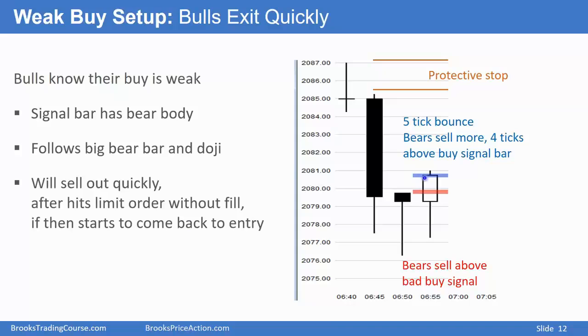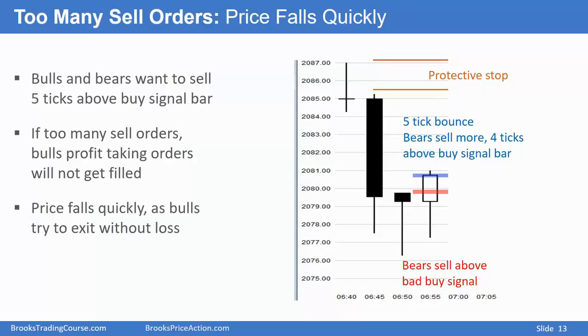If the market goes up 5 ticks, it therefore hits the limit order for the bulls. So the bulls buy 1 tick above this bar. They get filled on that gray line right there. They place a limit order to take profits 4 ticks higher, which is this gray line. And you can see the market exactly hit their limit order. If it does not get filled pretty quickly, those bulls will get out, afraid that they'll be trapped, a 5 tick trap.